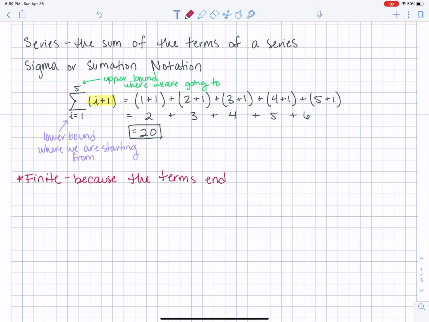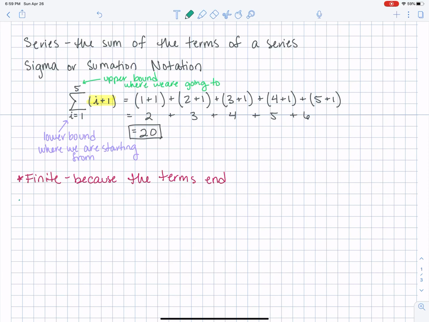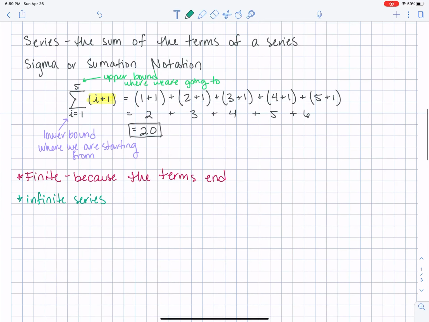Now there's also the option of an infinite series.